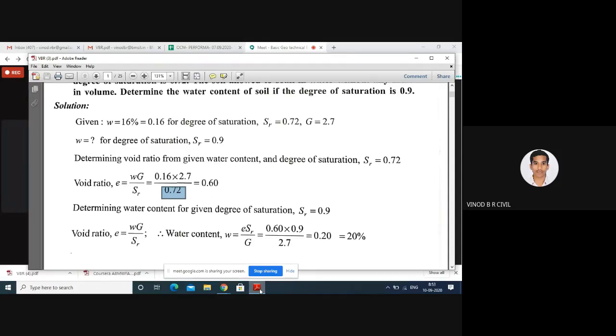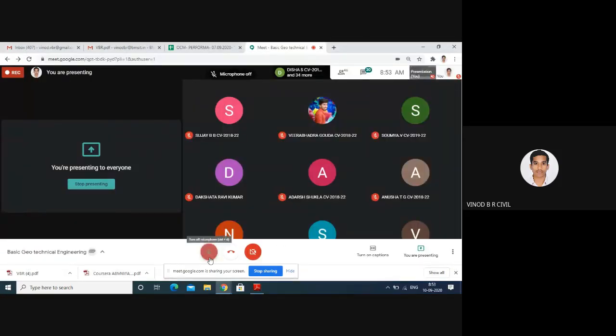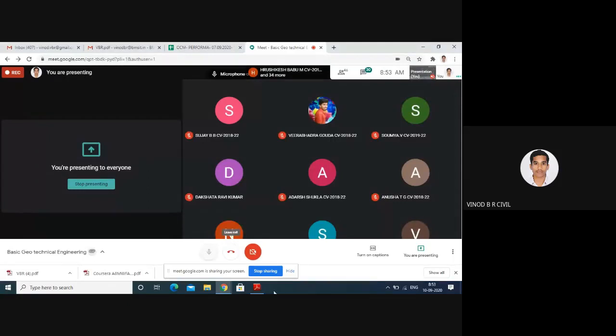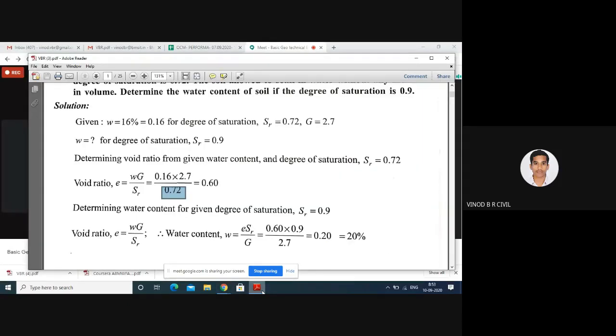Next, we already calculated the void ratio. We calculated the void ratio for 0.72 degree of saturation and water content of 16%.